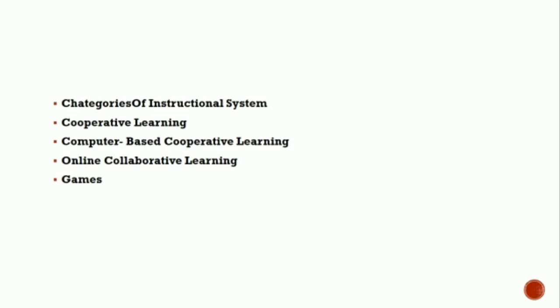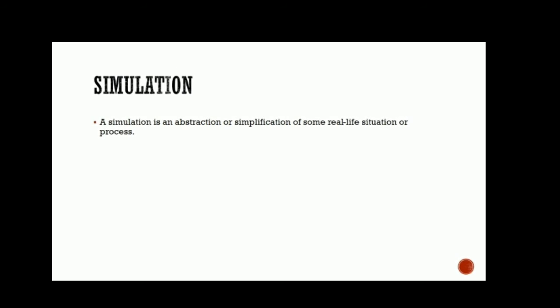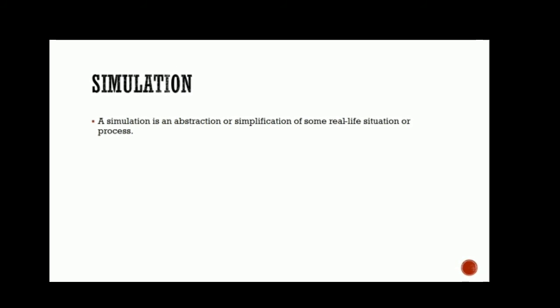When one-way receptive or two-way instruction. As we are designing an instructional system, we must also consider other characteristics, for example, group size, time, and location. Categories of instructional system.